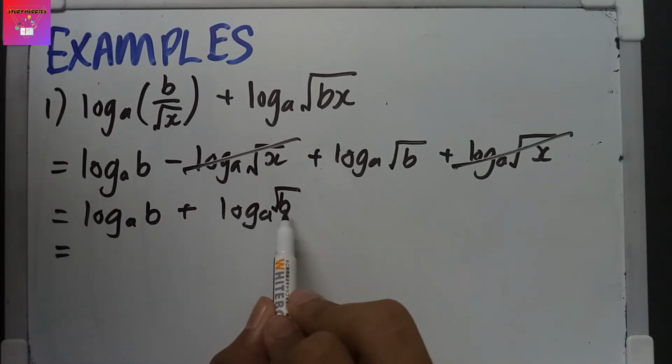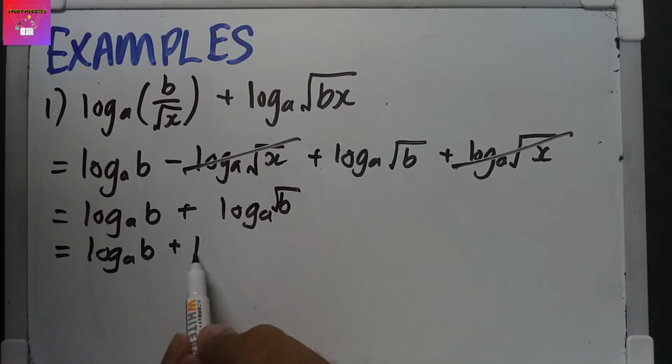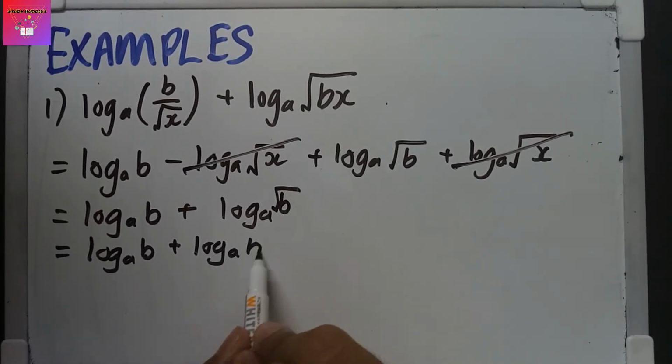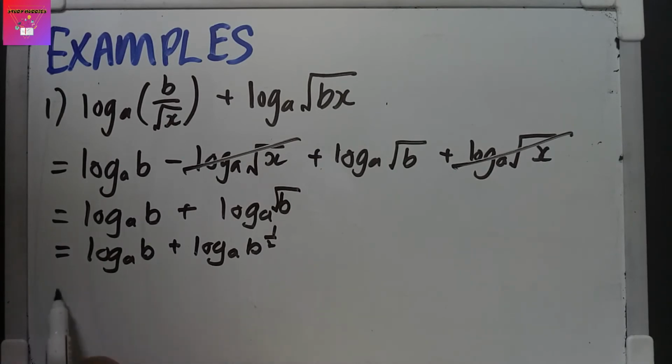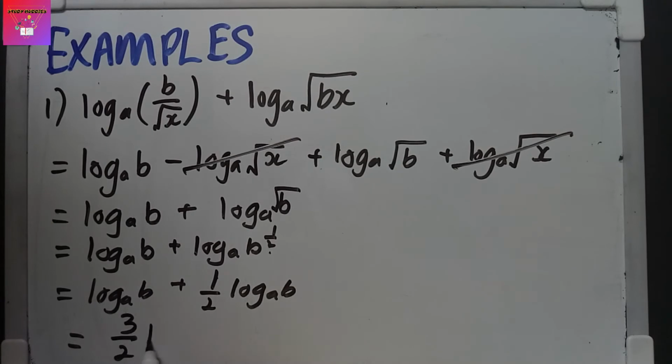So I'll change the b to index form, which is log a b to the power of 1 over 2. Just to recap, b to the power of 1 over 2 is similar to square root b. So log a b plus, I'll bring the 1 over 2 to the front, 1 over 2 log a b, which brings us to our final answer, 1 plus 1 over 2, which is 3 over 2 log a b.